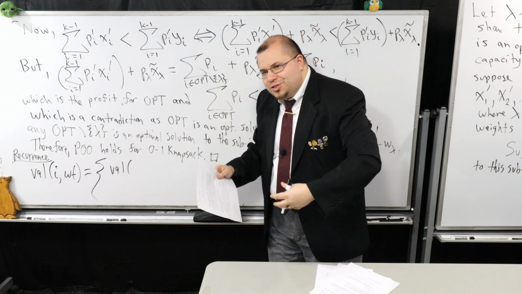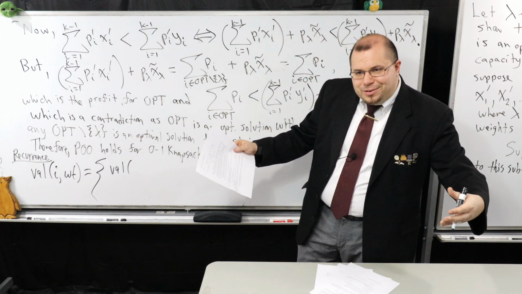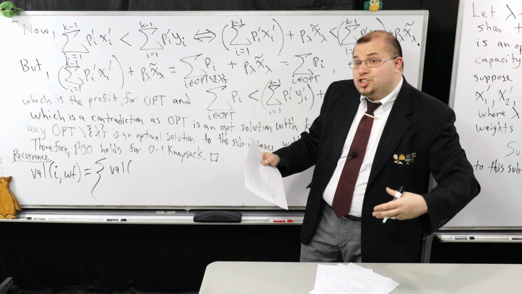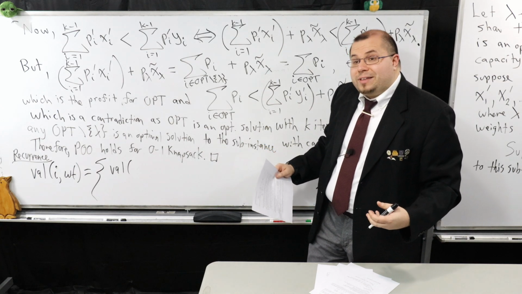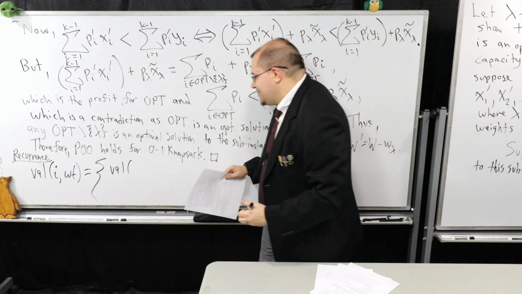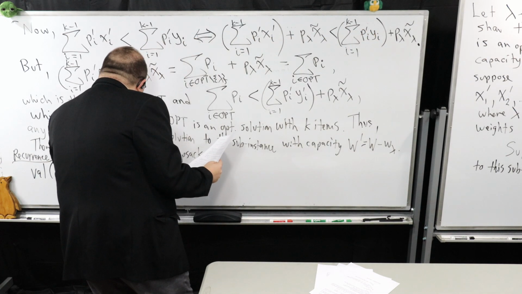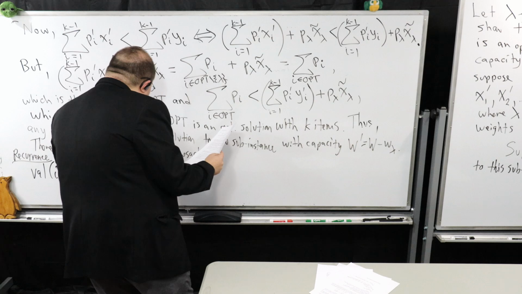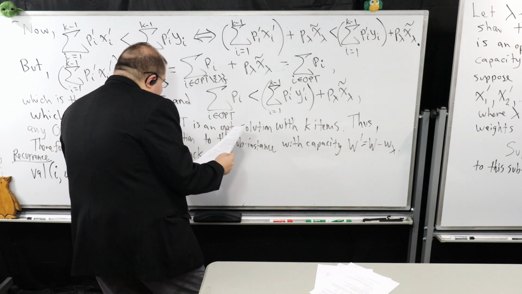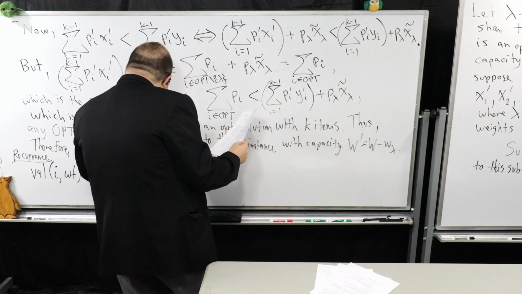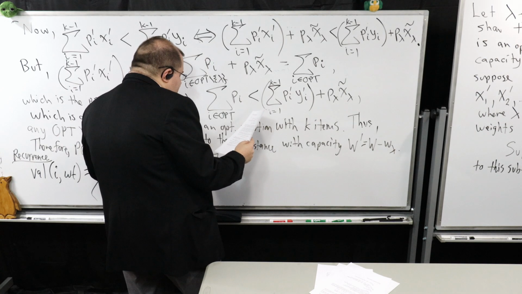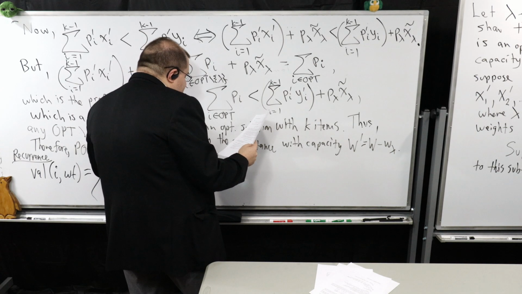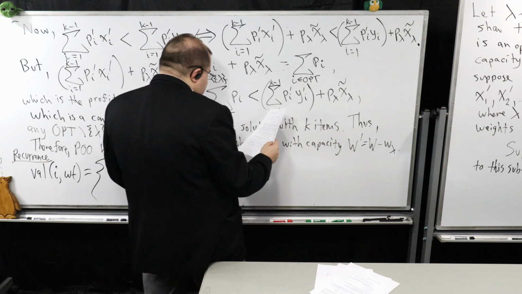So remember, I'm trying to write the optimal value of an optimal knapsack in terms of itself, okay? So if I can't fit item I in, then most certainly, if I were to recursively think about the first I minus 1 items with the same weight capacity.